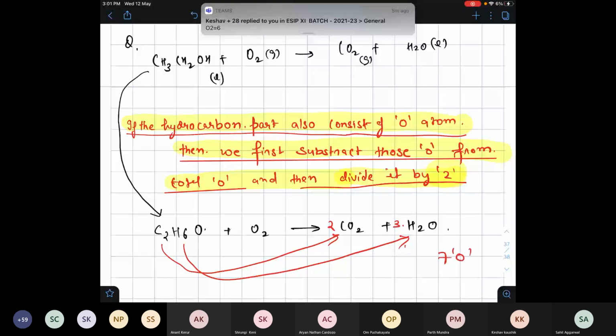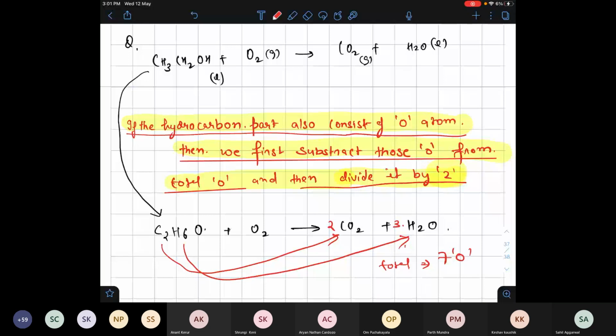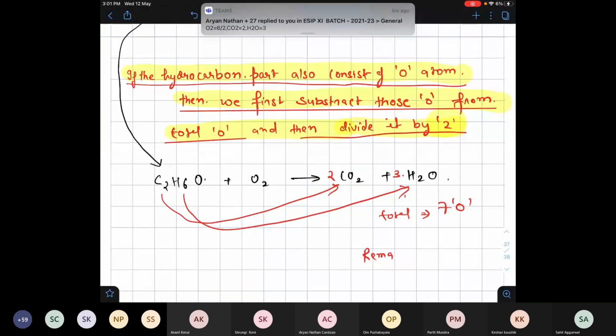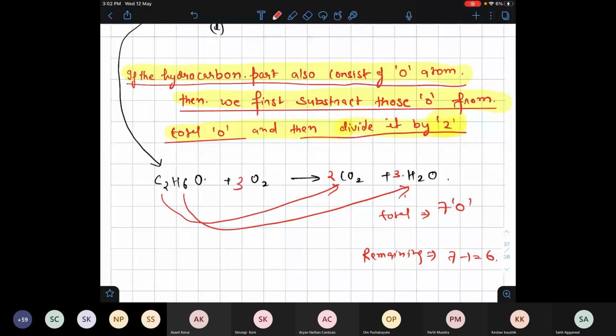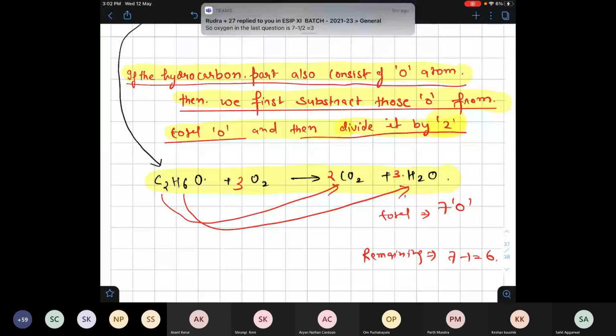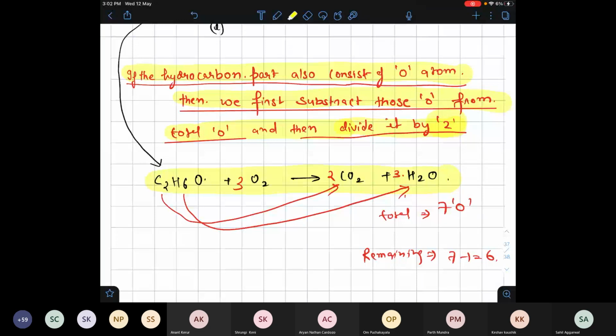Seven oxygen total. The remaining is 7 minus 1, that is 6. 6 by 2 is 3. सेवन माइनस वन बाई टू 3 कैसे हो सकता है? अच्छा, 7 minus 1 divided by 2.